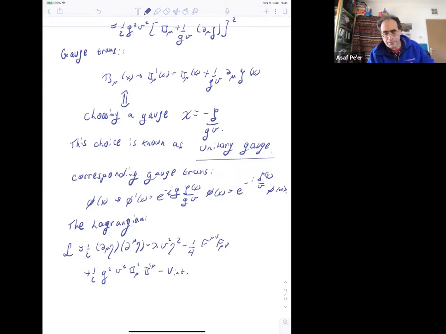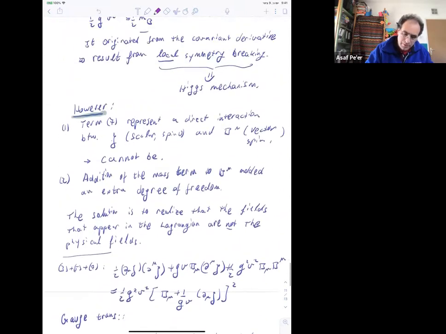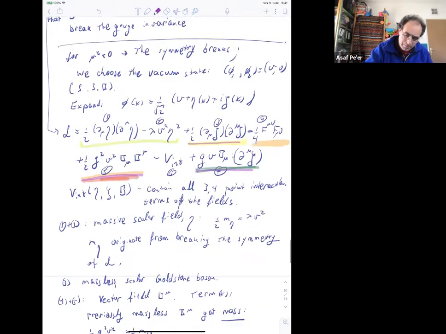It's the same Lagrangian, just made the transformation from B mu to B prime mu.